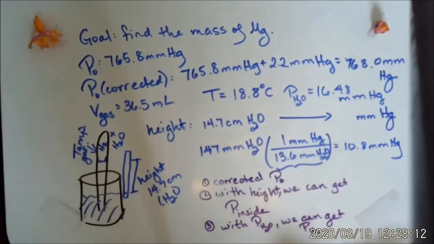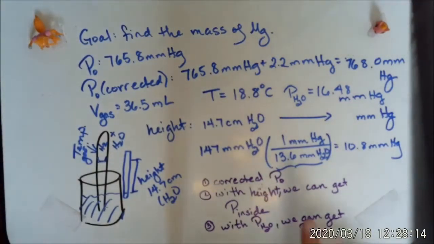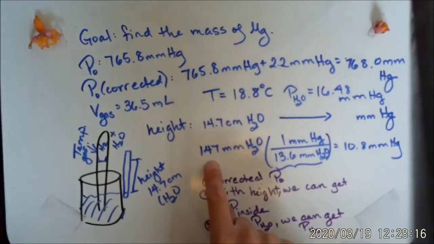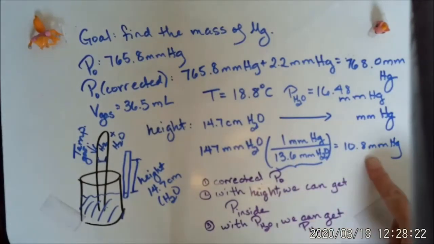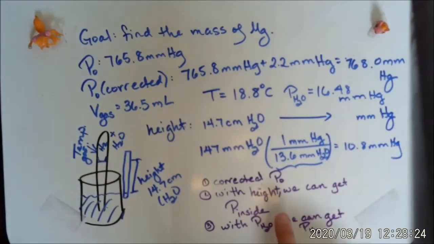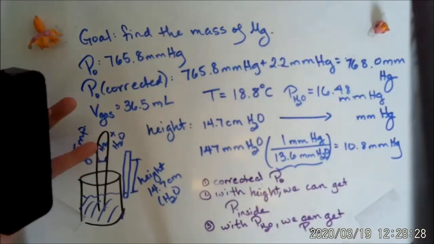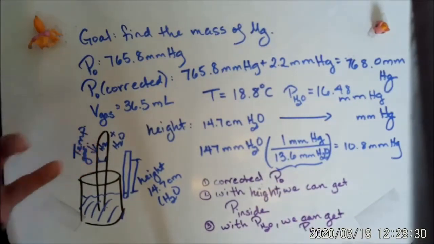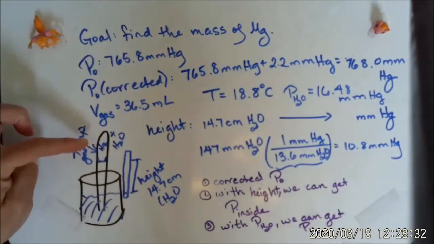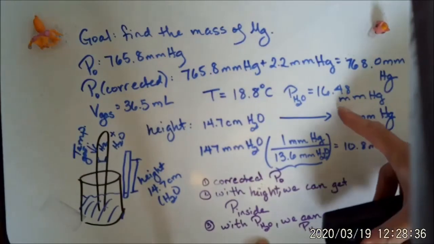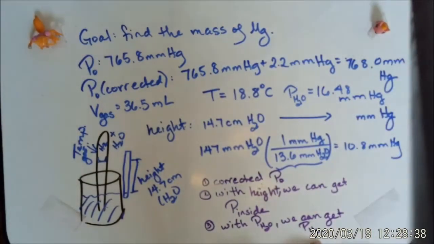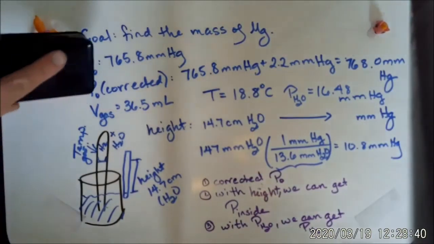Then with the height we said was 147 millimeters water, we converted that and we got 10.8 millimeters mercury. So we got P inside. And because we know the P inside the tube is equal to the pressure of my hydrogen and water, now that I have the pressure of water, I can get the pressure of hydrogen. So let's go ahead and do that.